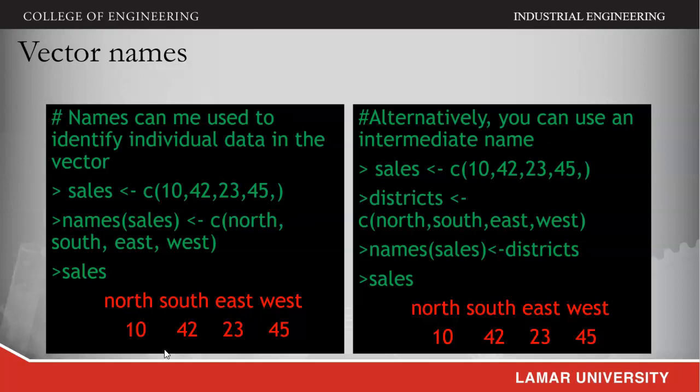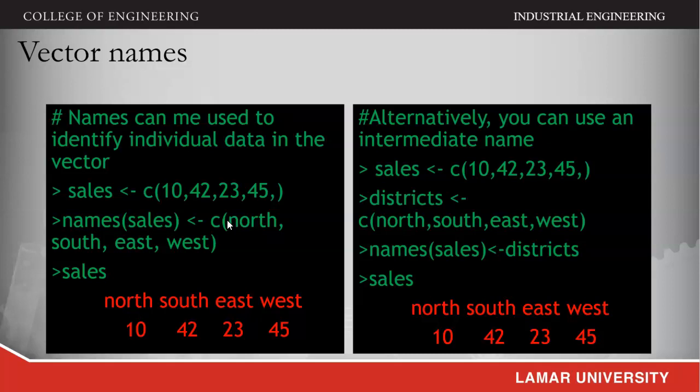I can see that I have a typo there, the extra comma after the 45. But anyways, by using names of sales, you will have not only a position, but now you can identify the position with a name for each one of the positions inside.